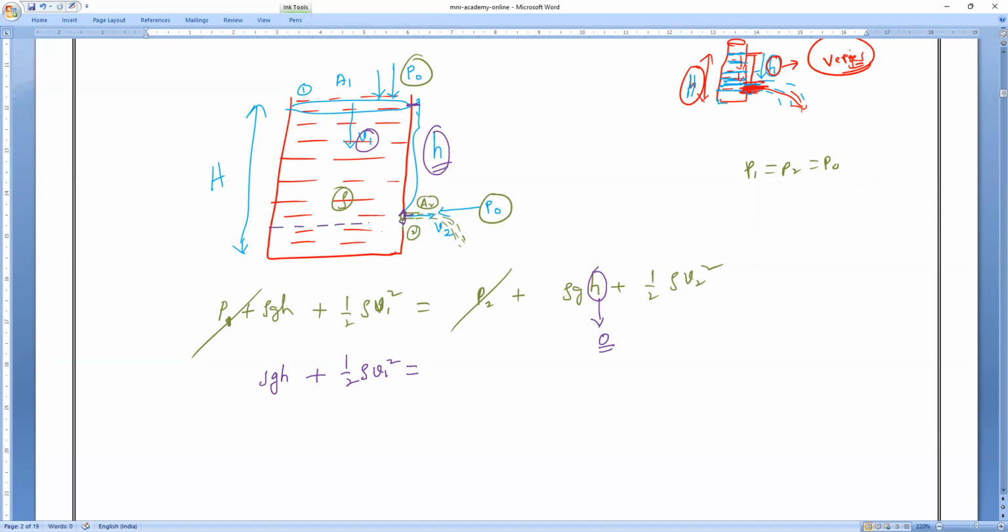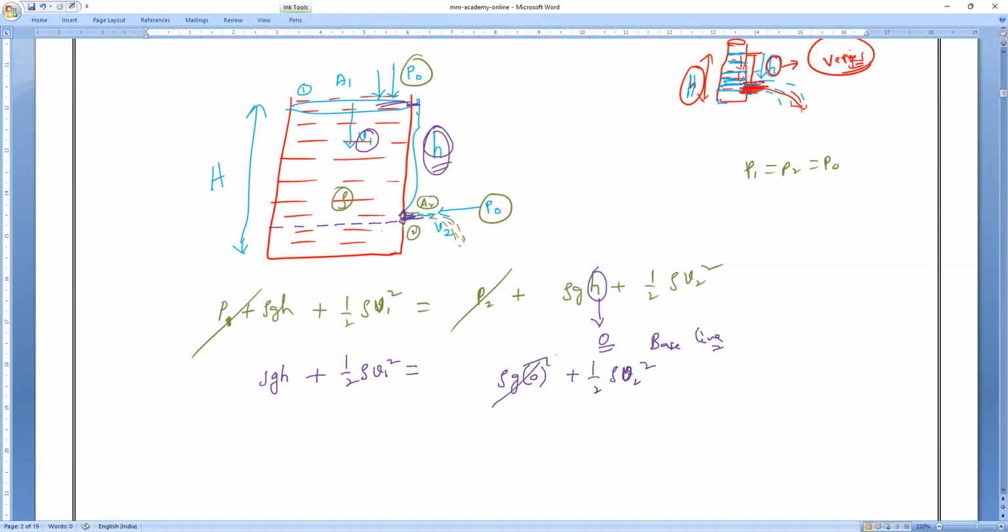That is the baseline. So if I take this as the baseline, V1 point is at height H and the V2 point is on the same line. If it is on the same line, what is the height? It is on the same baseline, so the height is 0. Understand, everybody? So rho G 0 plus half into rho V2 square.